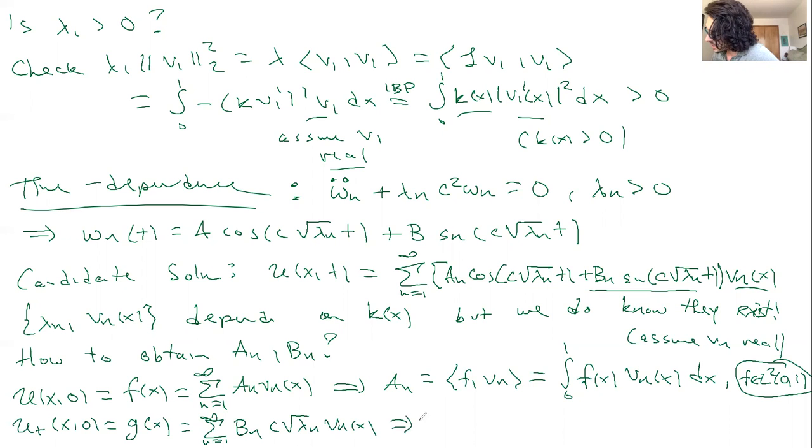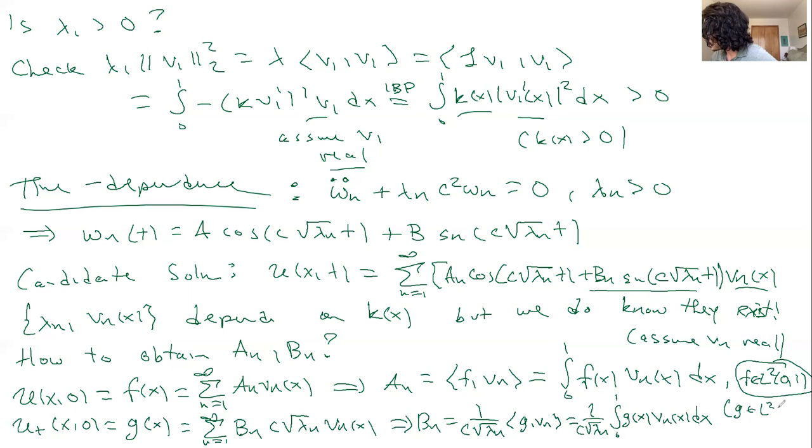So this implies that bn is equal to 1 over c square root of lambda n, which is fine because those are all positive. So this is equal to 1 over c square root of lambda n, times the integral from 0 to 1 of g of x vn of x dx. And this is fine as long as g is L2, okay?